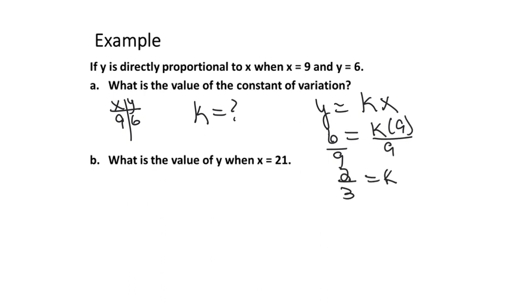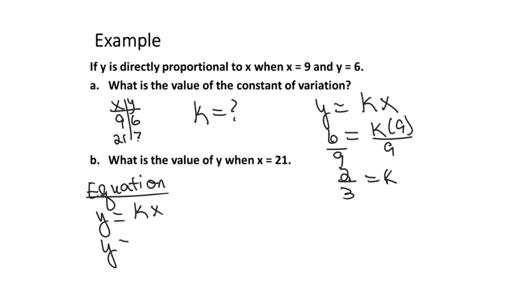On the second part of the question, what is the value of y when x is equal to 21? So I know x is 21, and I'm finding y. I'm going to write my equation. And my equation is going to be in the form of y equals kx.